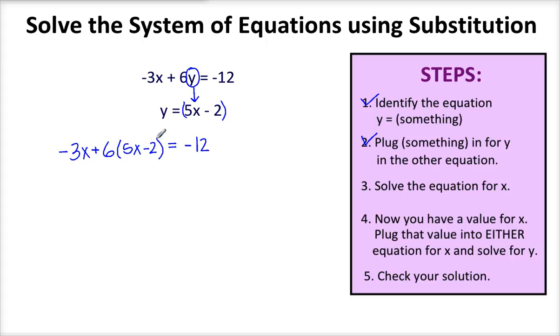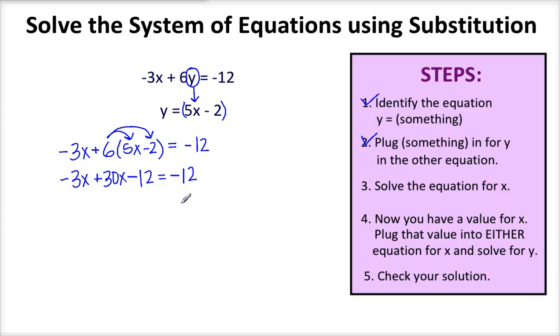The first thing I need to do is get rid of the parentheses. Parentheses mean the distributive property. So the 6 is being multiplied by both of those. Everything else will stay the same, except 6 times 5x is a positive 30x, and 6 times negative 2 is negative 12. And then I still have equals negative 12.